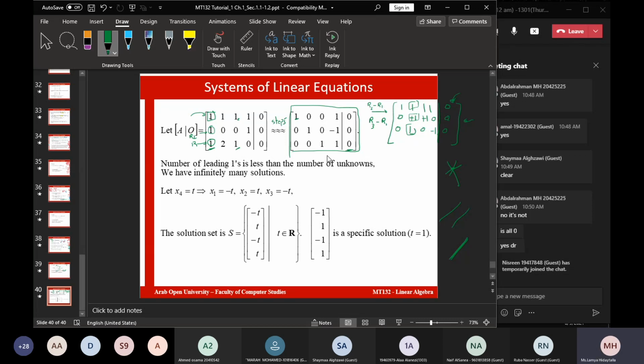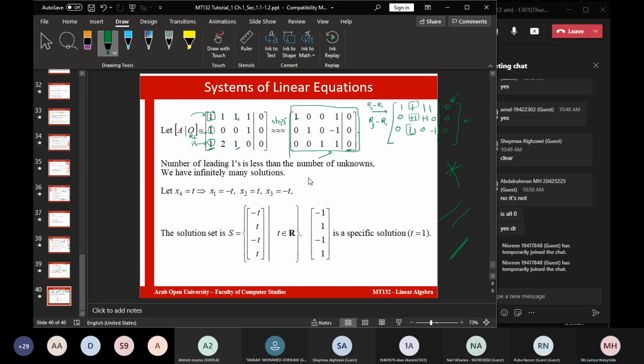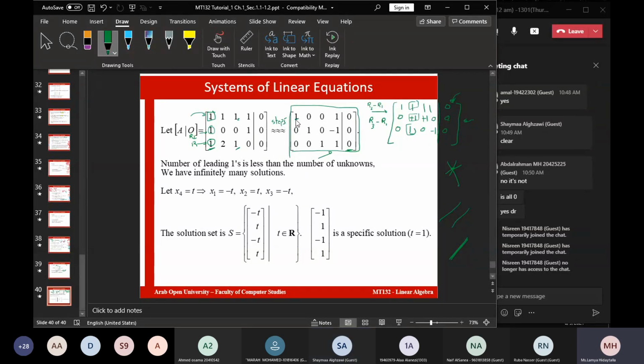Okay. So how do I know how many solutions I have? What is the rule? The number of leading ones should be equal to the number of unknowns for the solution to be unique. How many unknowns do I have? Where do I get the unknowns from? The number of columns. 4 columns, and the leading ones are 3. So how many solutions do I have?